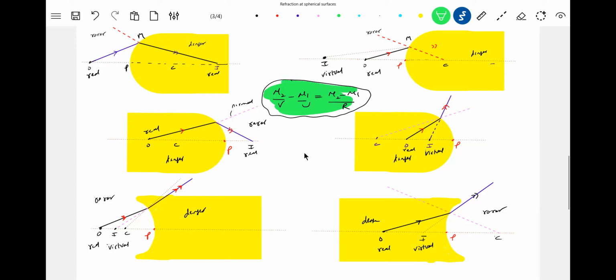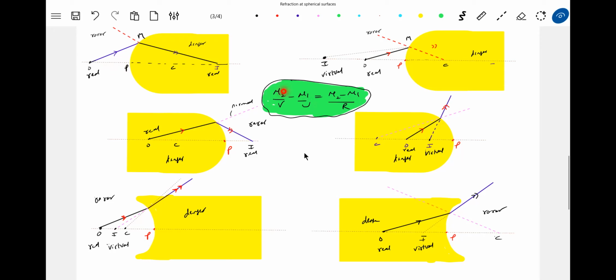I'm just giving some description. When we get into numericals, you'll be in a far better position to know how to use this formula. I just wanted to show you that irrespective of whether the object is kept in the rarer or denser medium, facing the convex surface or concave surface, this formula is applicable.